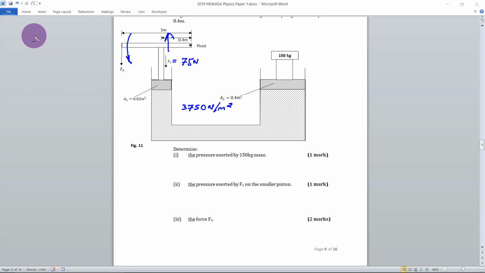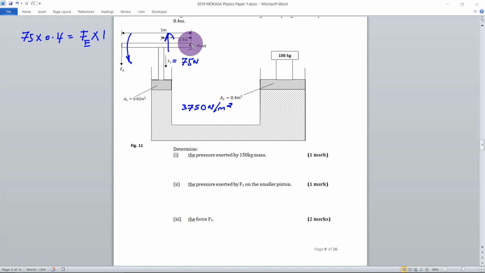So clockwise moment is due to 75 newtons. Of course, we are taking moments about this point. So 75 newtons, which acts through this line of action here, times 0.4 is equal to the effort, which is Fe, this one here, times how far it is from the pivot, which is 1 meter.